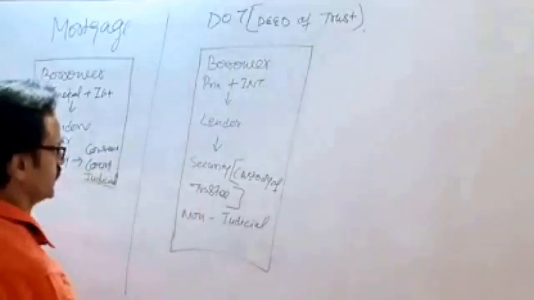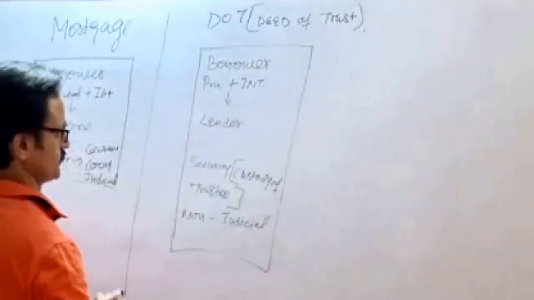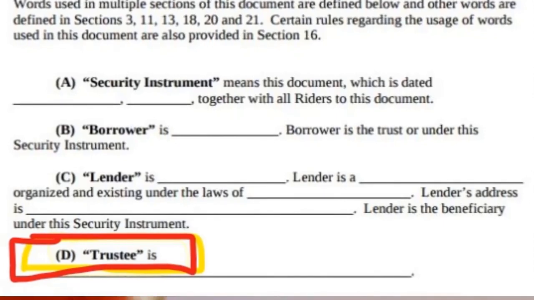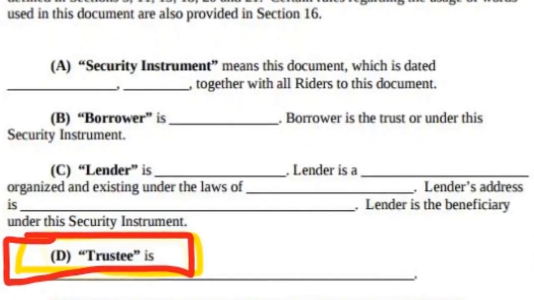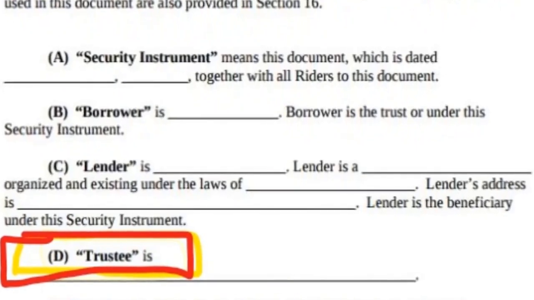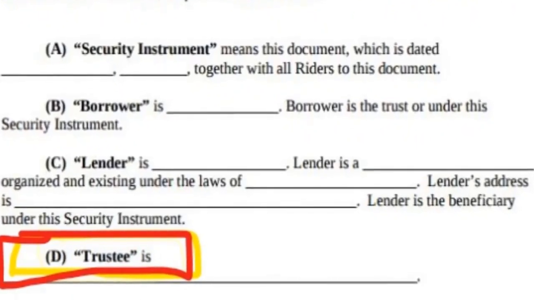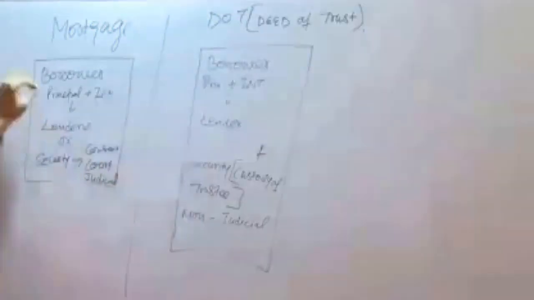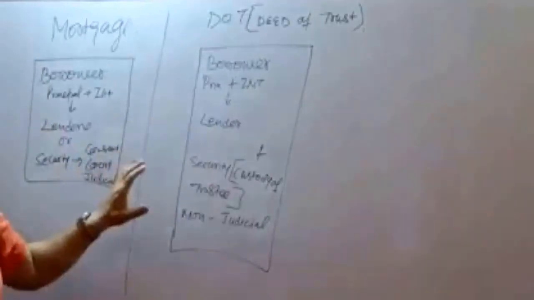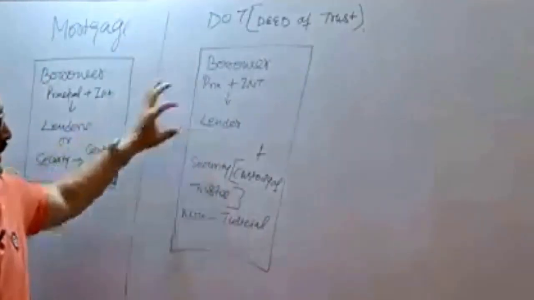So there are three parties: borrower, lender, and the third is trustee. Here we have only two: borrower, lender. That's it. Here borrower, lender, and trustee.